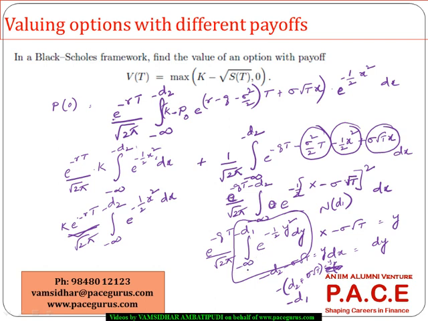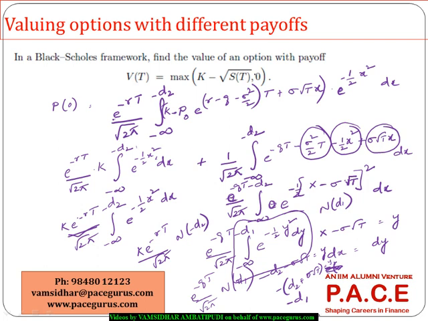This entire thing is becoming N of d1. So I am getting e power minus qt by root 2 pi times N of d1. And what about this? This is coming out to N of minus d1, because it is up to minus d1, and this is coming out k e power minus rt by root 2 pi N of minus d2.